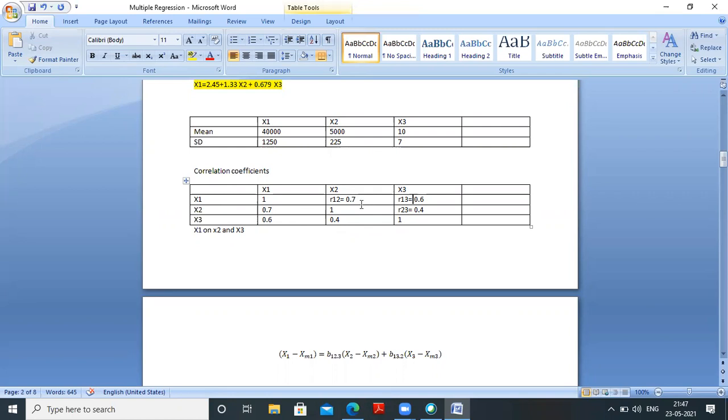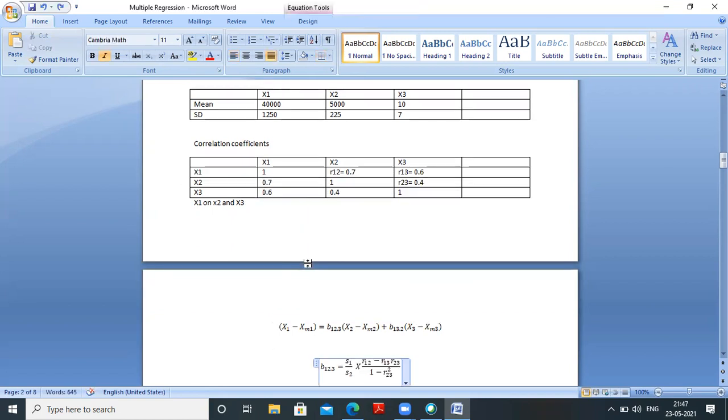Similarly, R13 will be equal to R31, because correlation possesses the property of symmetry. Similarly, R23 will be equal to R32. So even if the matrix is given only partially, you can still solve the question because these values are always the same.